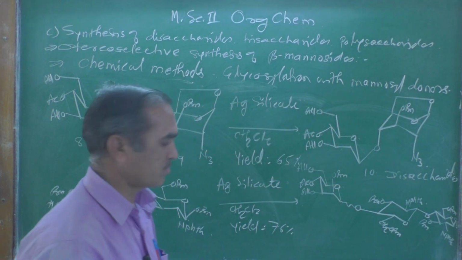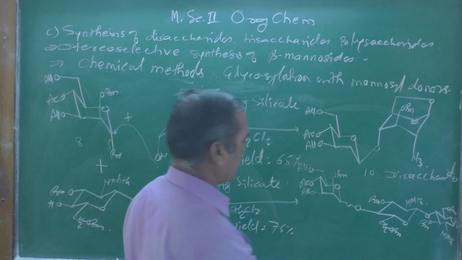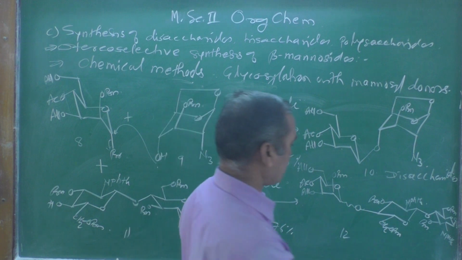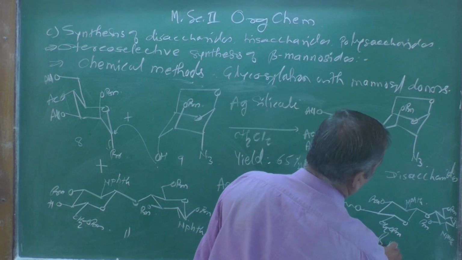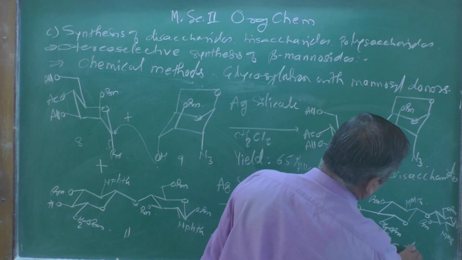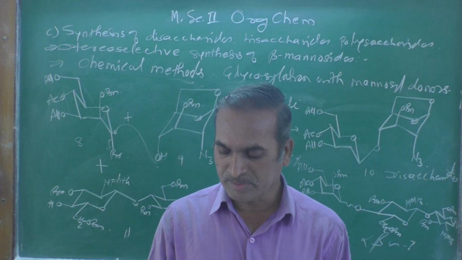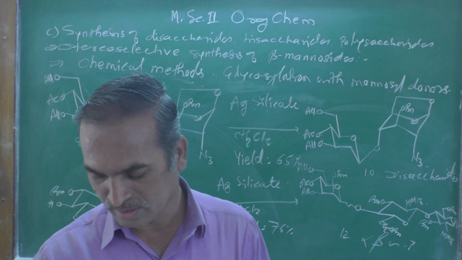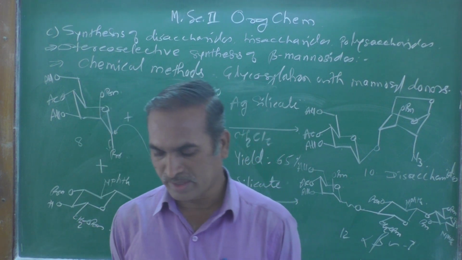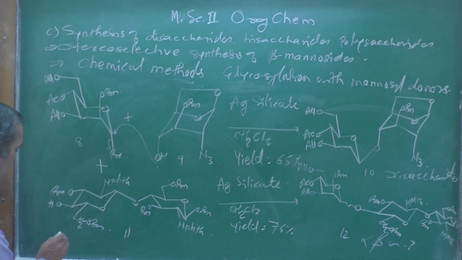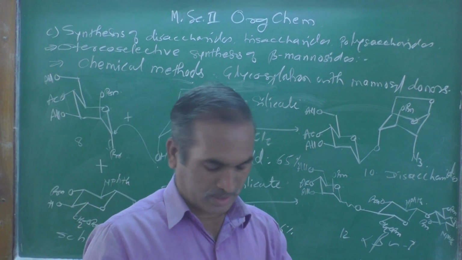That is the structure, and this is structure number 12, where we will get alpha and beta nearly 1, meaning equivalent, meaning 50% of the product we will get. This is scheme number 4 represented over here. Scheme number 4 we have just now seen over here.